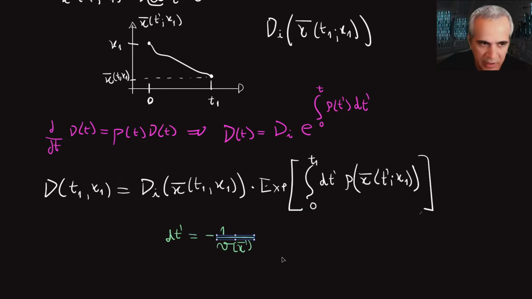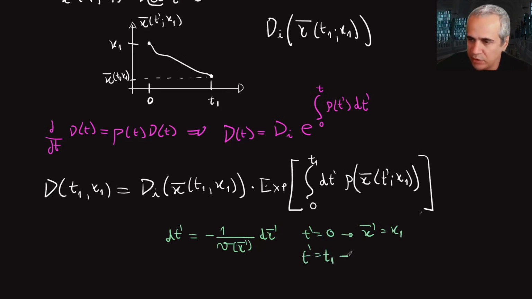That's why I'm putting the prime. And then the conditions are that t prime equals 0 means x bar prime is equal to x1, and t prime equals t1 is equivalent to x bar prime equal to x bar of x1 t1, which are both just the conditions in this plot.